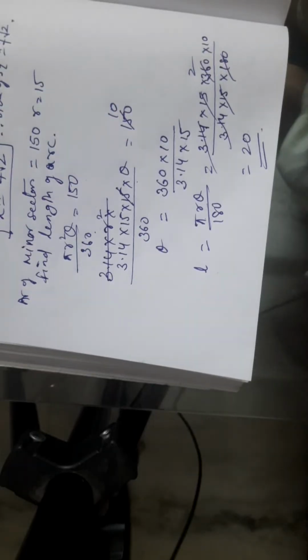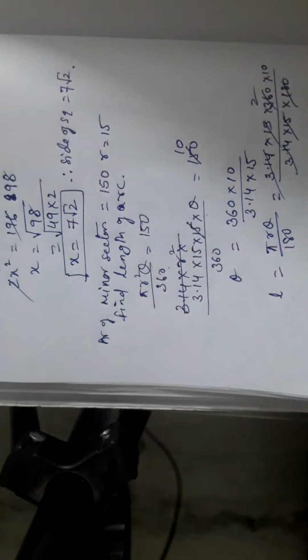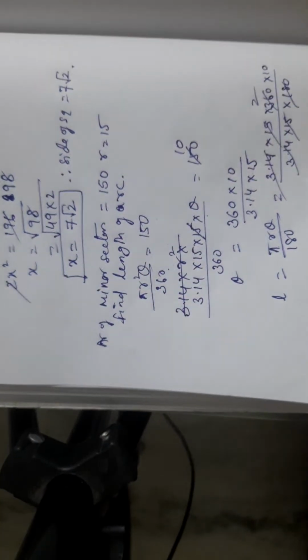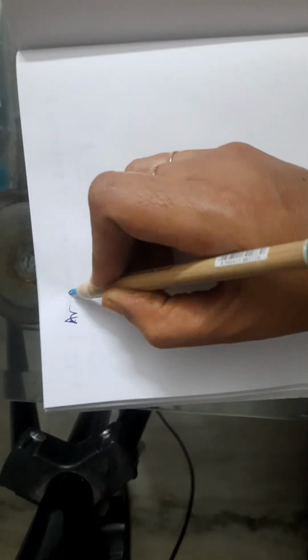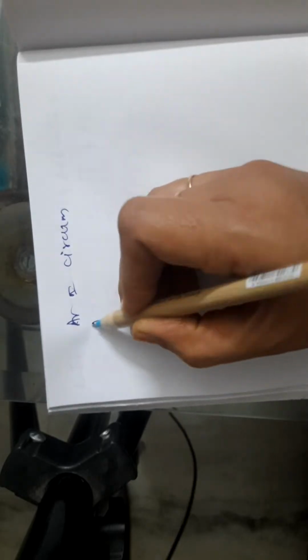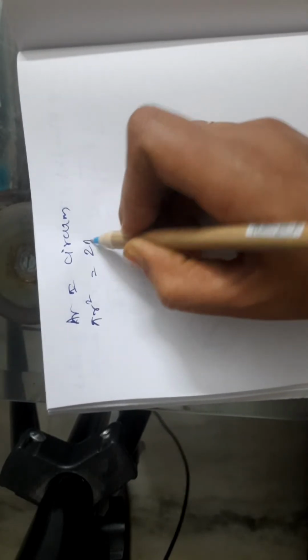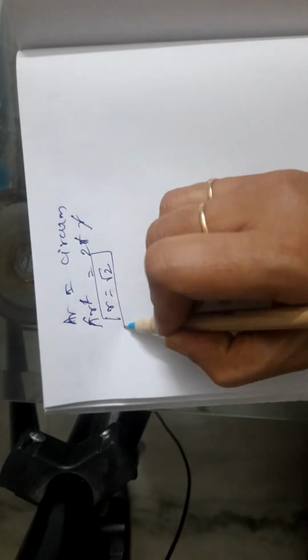Here it is given that area and circumference are both equal. In the question it is given that area and circumference are equal. The area formula is pi r square, and the circumference is 2 pi r. Both are equal, so we'll cancel the radius and pi. The radius is root over 2. So this is important for MCQ.